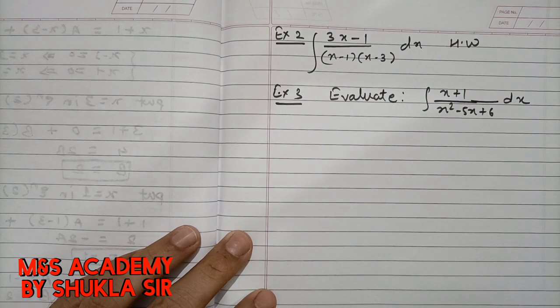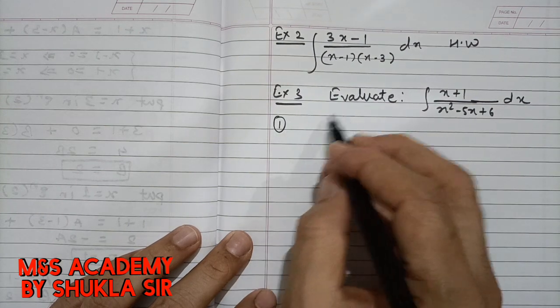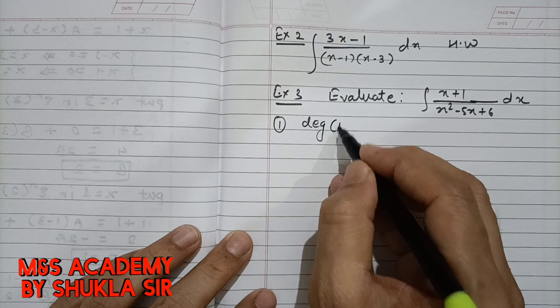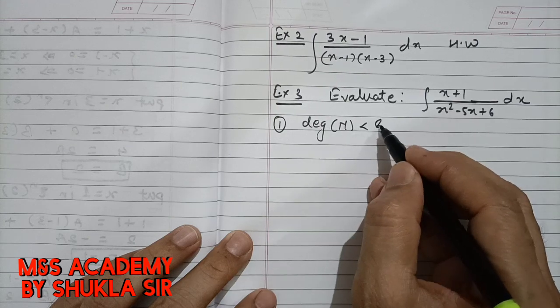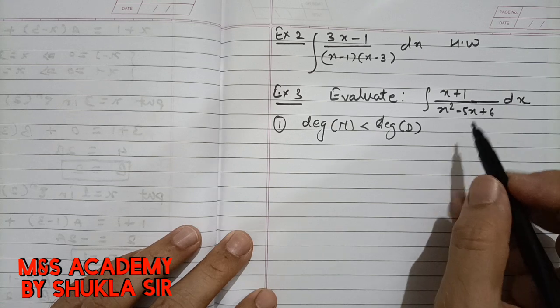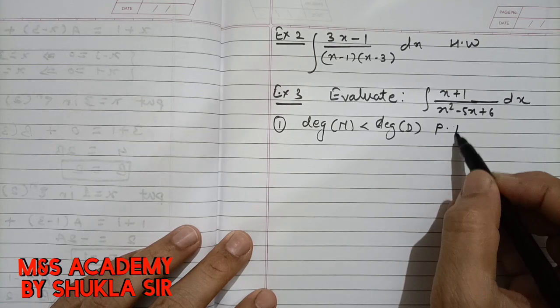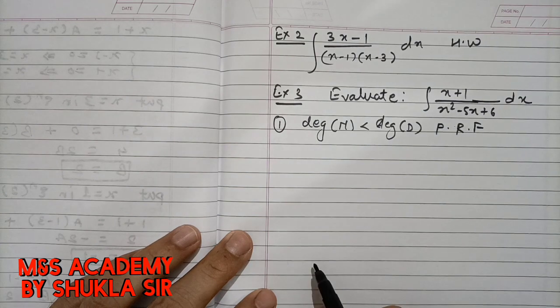So this is a proper rational function. First we check that the degree of the numerator is less than the degree of the denominator, so it becomes a proper rational function.